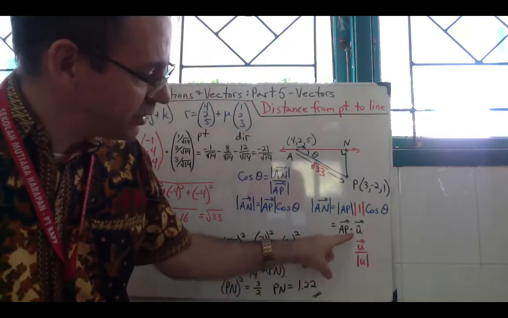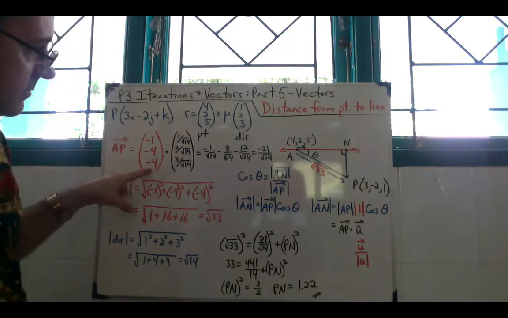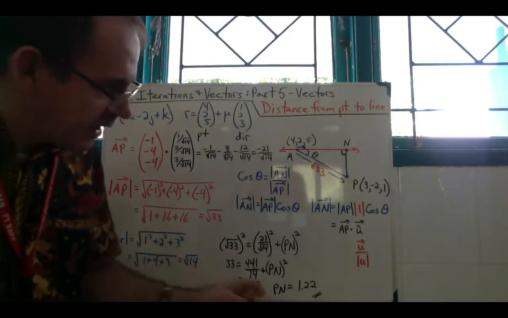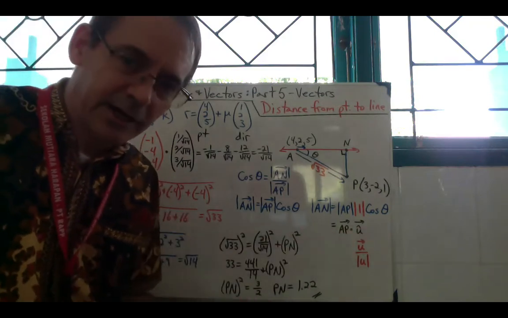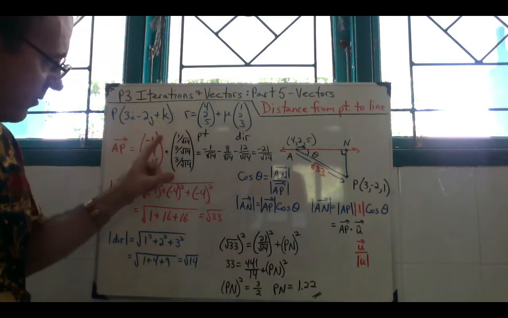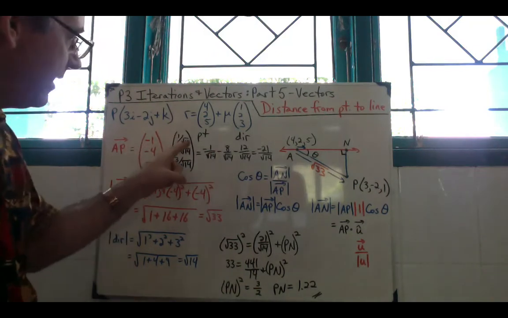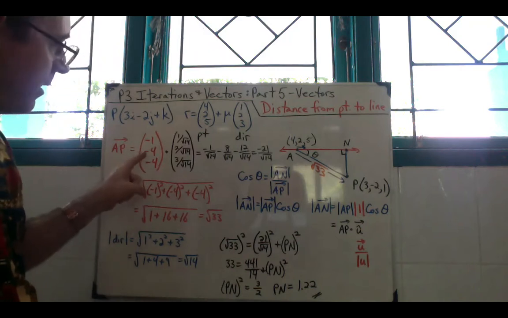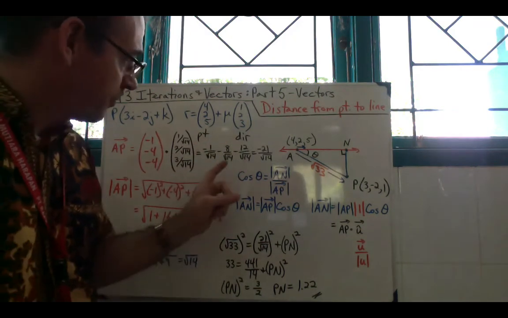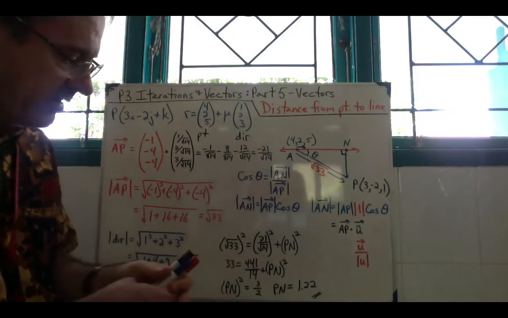So all we need to do is the dot product of direction AP, which we already did, the -1, -4, -4, with the direction of our unit vector, which is 1 over root 14, 2 over root 14, 3 over root 14. When we dot product this, we get -1 over root 14, minus 8 over root 14, minus 12 over root 14, which comes out to -21 over root 14.